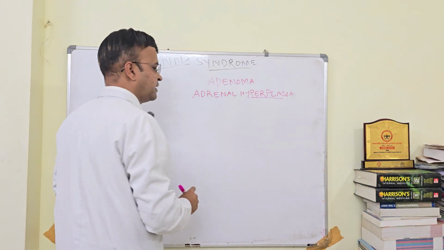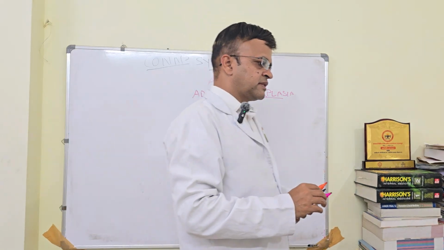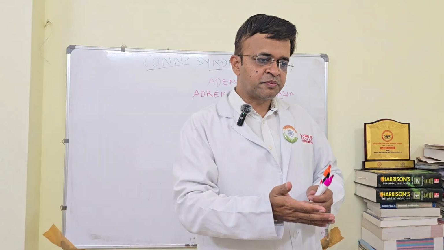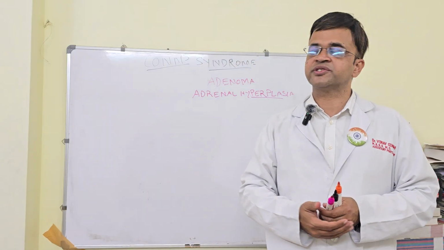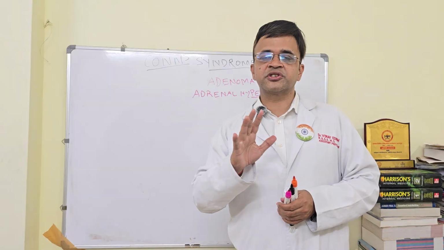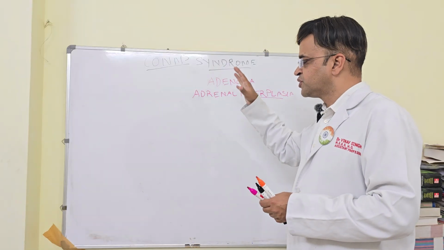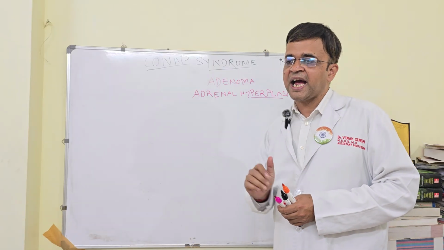Any lesion which creates an excess of aldosterone can ultimately lead to Conn's syndrome. So where will all the aldosterone released from these two entities eventually act?